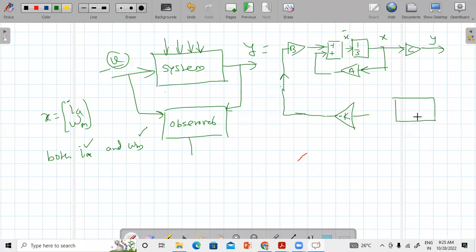That input we have to take from the observer, where the observer is taking input from u and from y, and then it is giving output to the x. So this kind of system we are implementing. This is the observer. Why are we doing this? Because all the states are not available for the measurement.